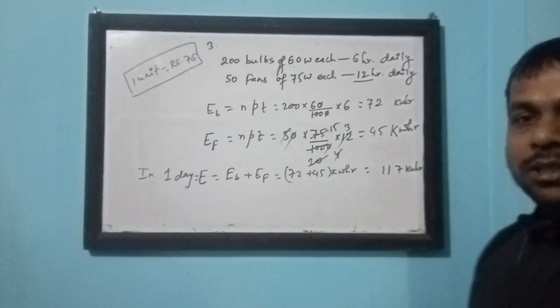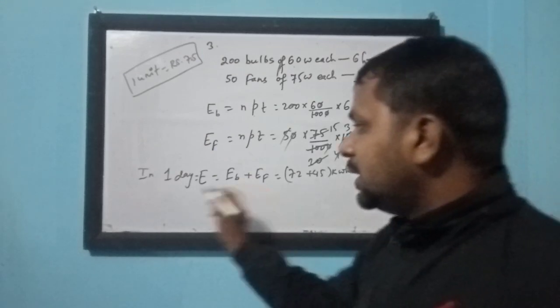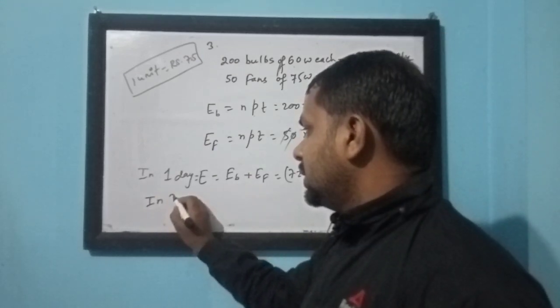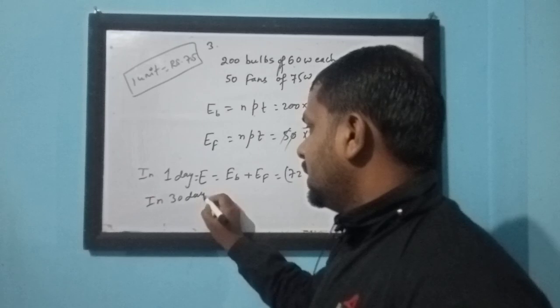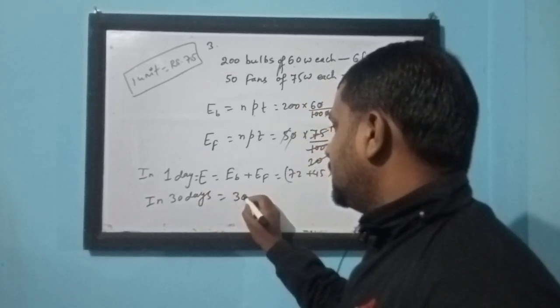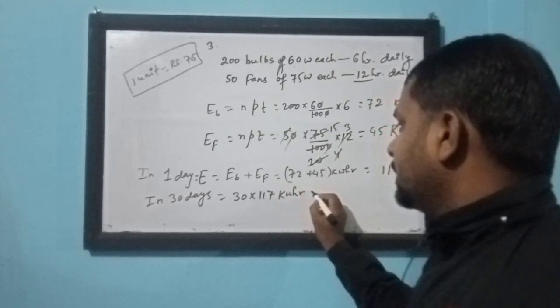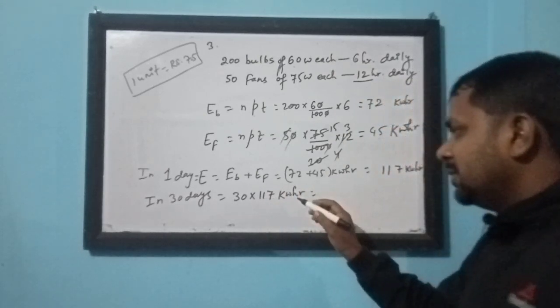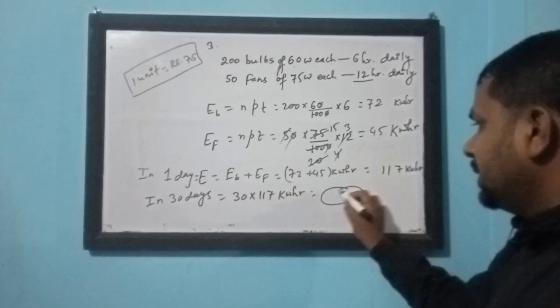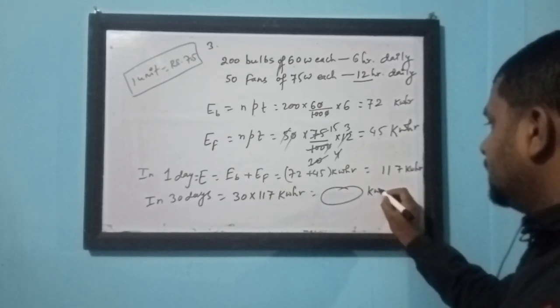Then in 30 days, how much energy is used? 30 into 117 kilowatt hour. Please calculate by calculator. Some value kilowatt hour will come here.